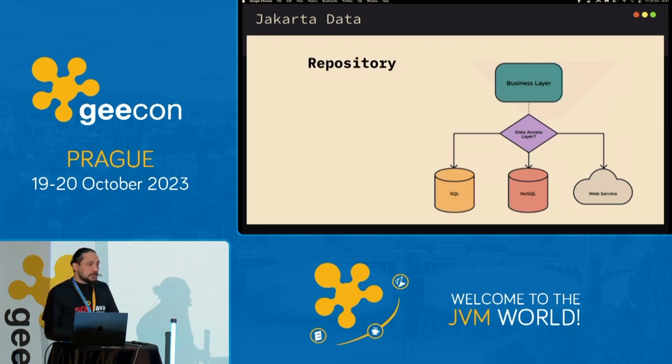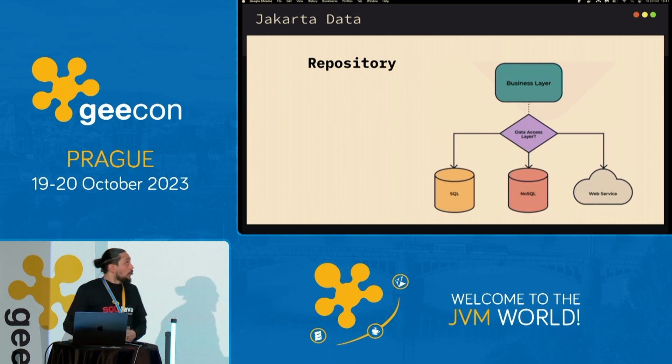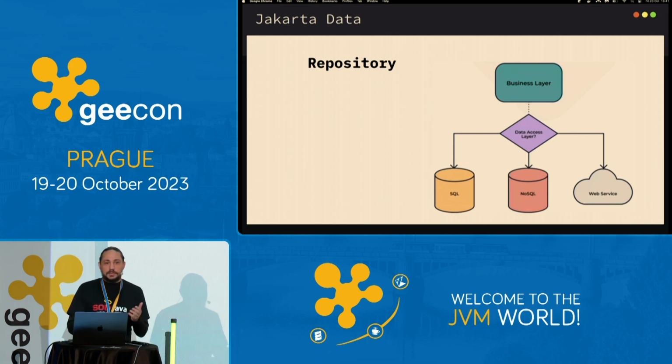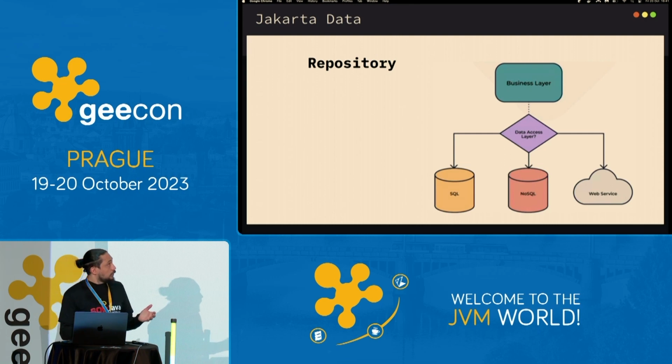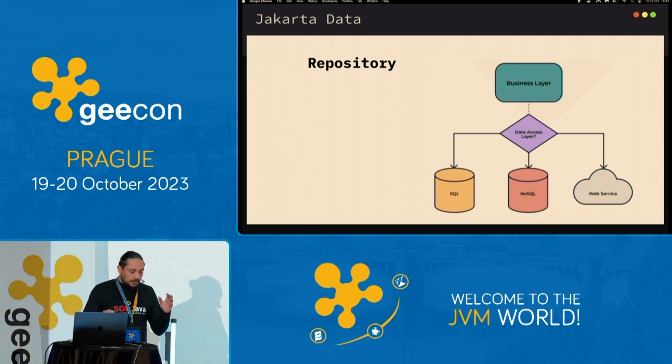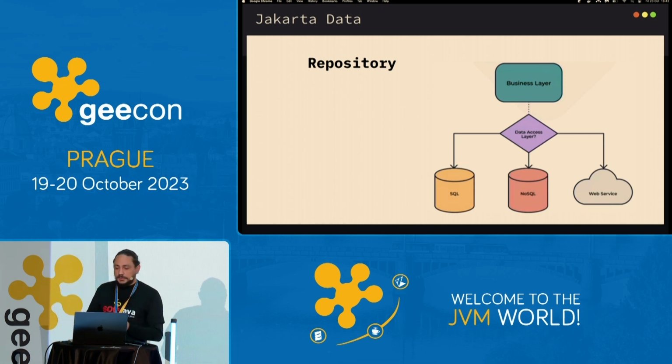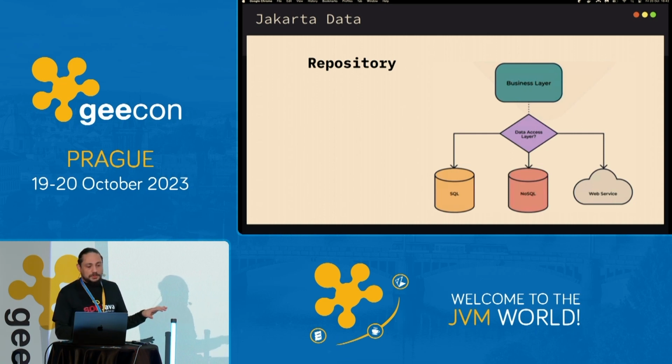Today, Jakarta Data offers a specific feature: the repository pattern. The repository pattern is an Eric Evans pattern from domain-driven design. It is a very interesting one because the idea of this pattern is to bring the code near to the business, far away from the technical stuff.